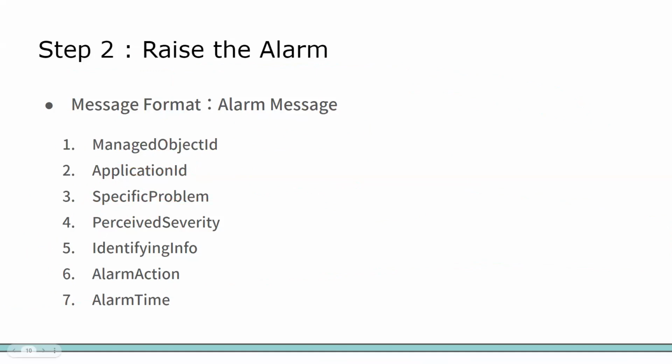It is the same as the alarm ID. The alarm action is the action to perform by the alarm manager. The alarm time is the current system time.